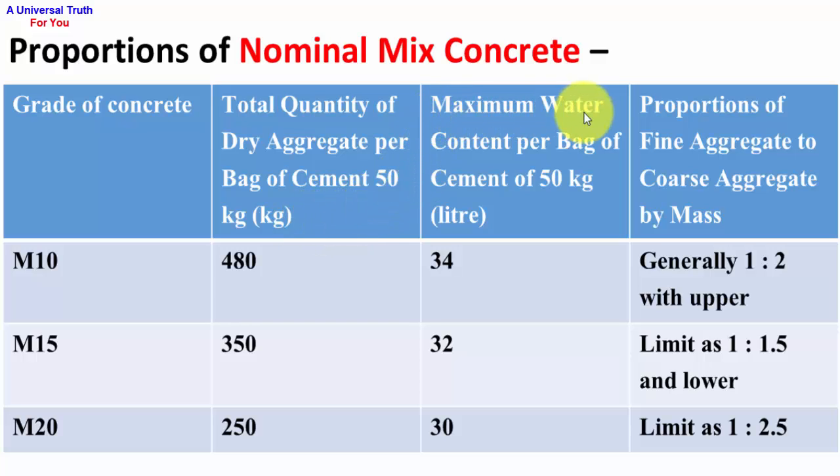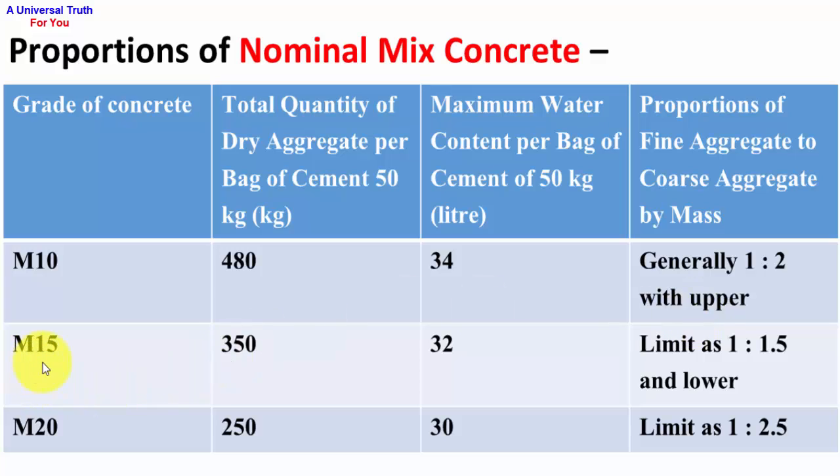Another column is maximum water content per bag of cement of 50 kg in liters. Proportion of fine aggregate to coarse aggregate by mass. So in grade of concrete M10, this is 480 and this is 34. Generally 1:2 with upper.